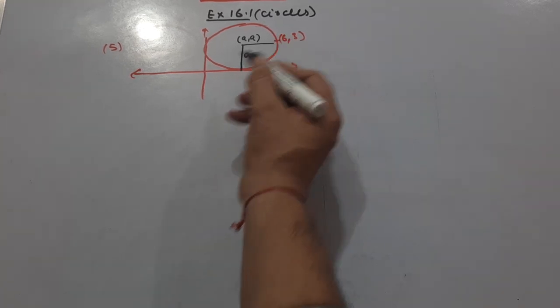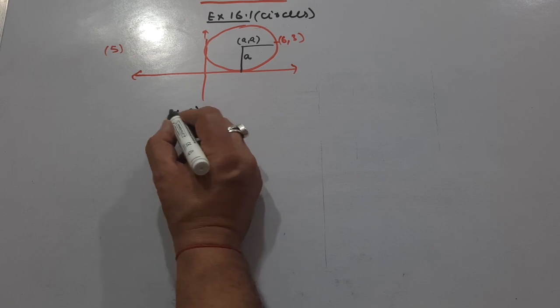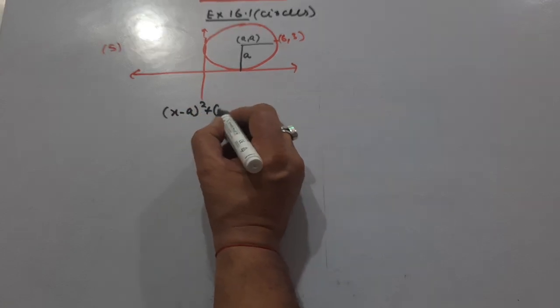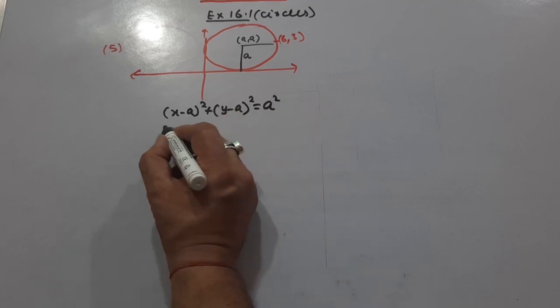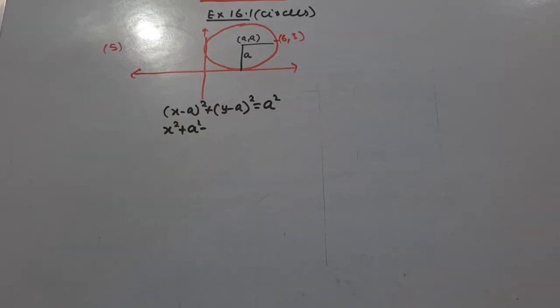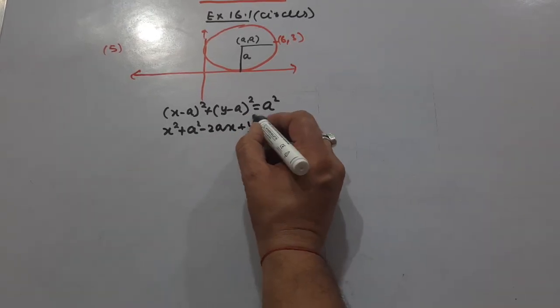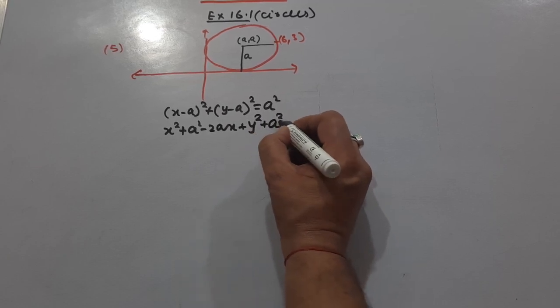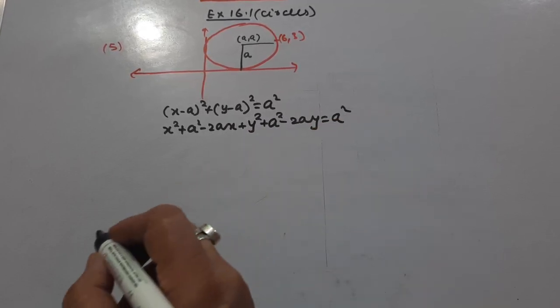So now let us do this question. The equation will be (x minus a) whole square plus (y minus a) whole square equal to a square. Solving this, x square minus 2ax, y square plus a square minus 2ay equal to a square.